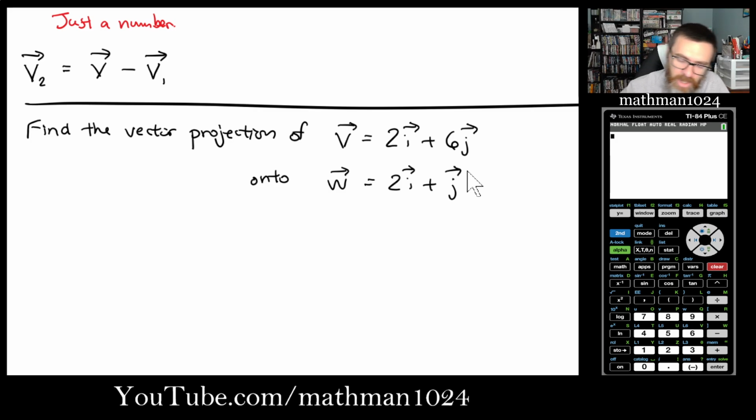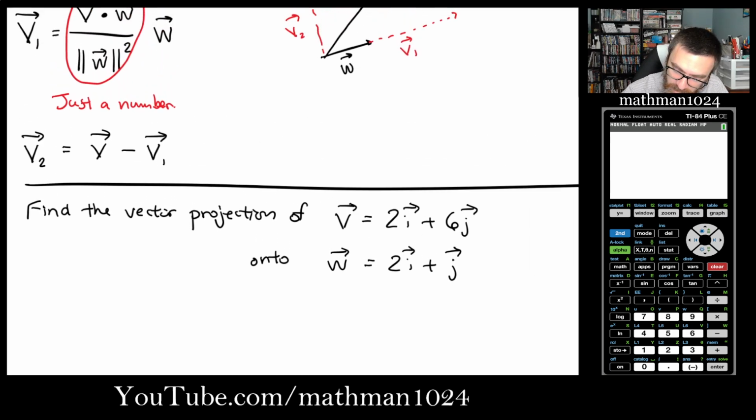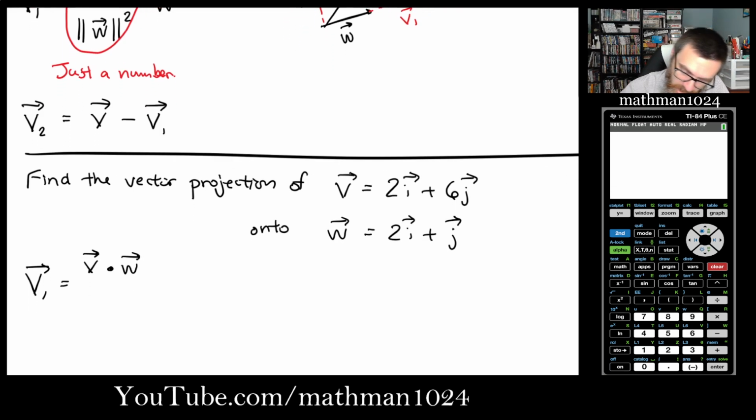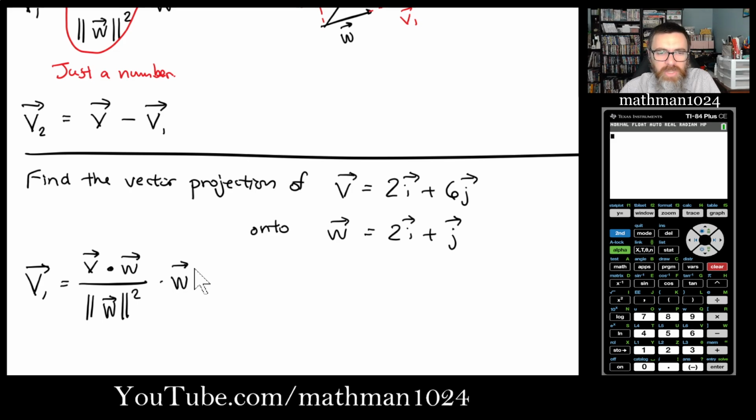Okay? So let's look at the formula that we have above. We want to find the first part. So let's find vector v1. And we'll do that by doing v dot w over the magnitude of w squared, and then that's going to be the scalar multiple times vector w.